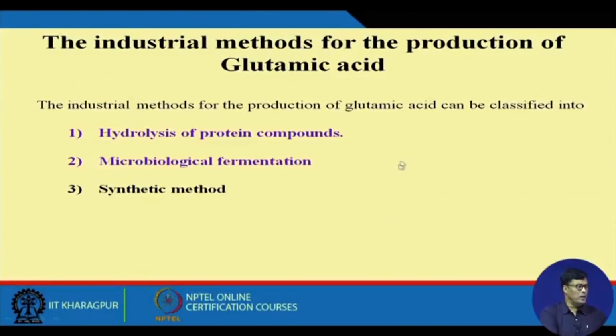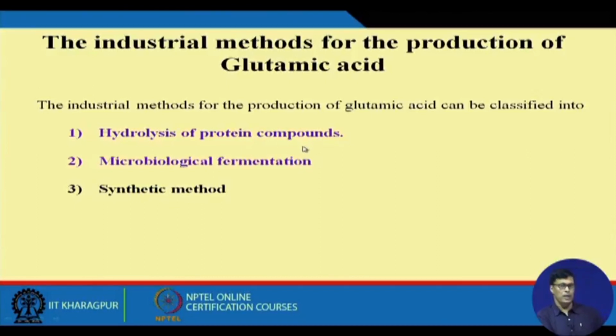Now, for the industrial method for glutamic acid, both biochemical as well as chemical methods are available, but since this course deals with industrial biotechnology, I shall try to concentrate on the biochemical processes. The industrial method for glutamic acid can be classified as hydrolysis of protein compounds.